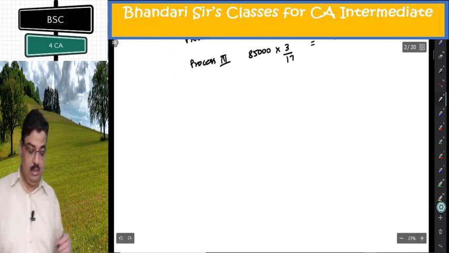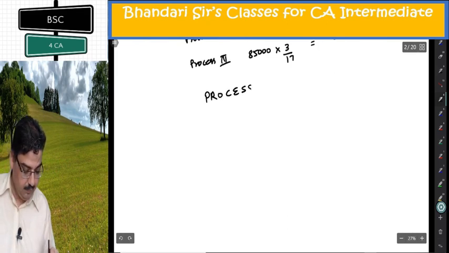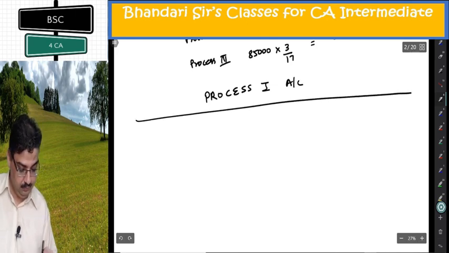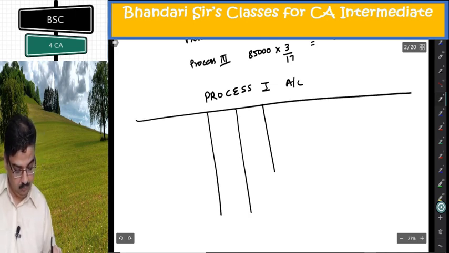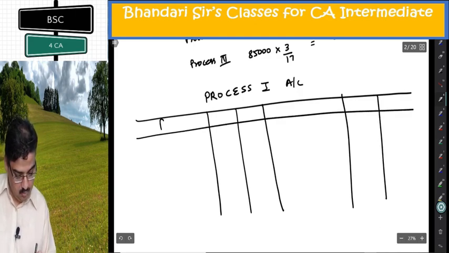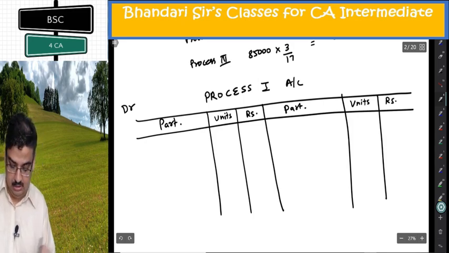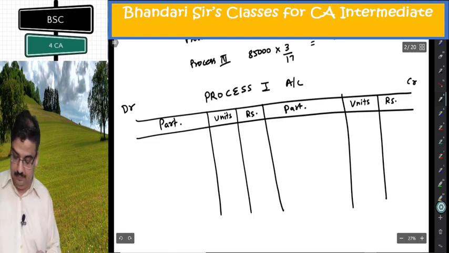So making the process 1 account: particulars, units, rupees. This is the debit side, this is the credit side.